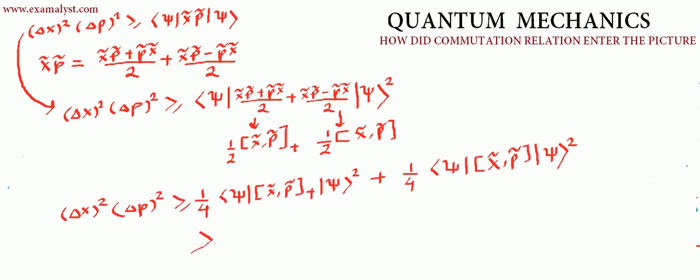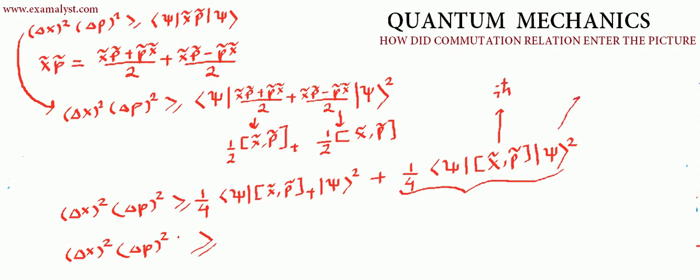So now we can write the entire relation as greater than or equal to this part. Now if you consider the second term, we know that the commutator of x tilde and p tilde gives you i h cross. So what will happen here?